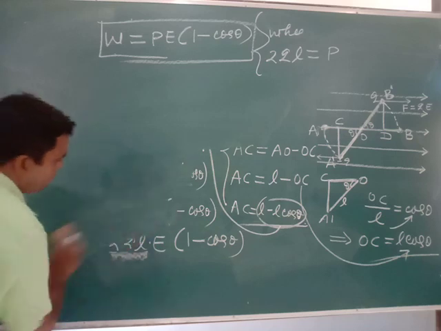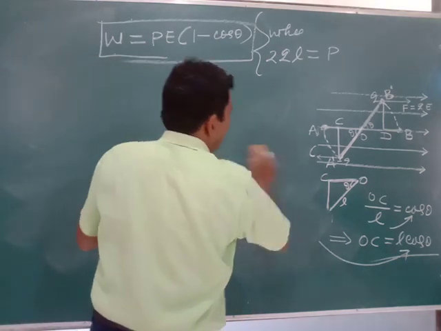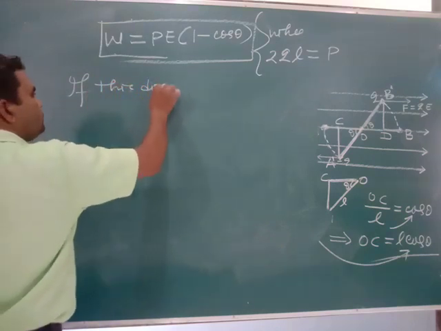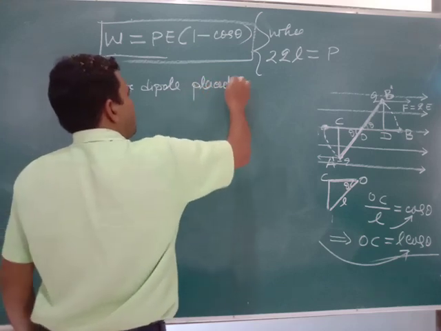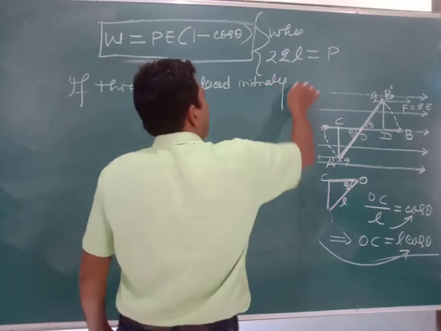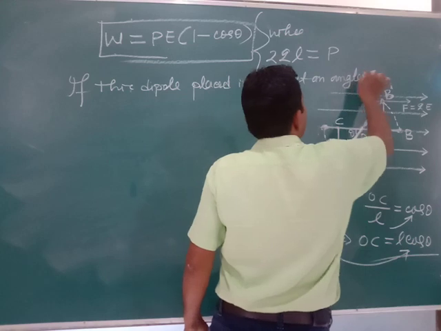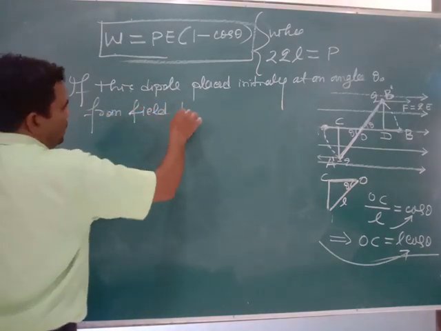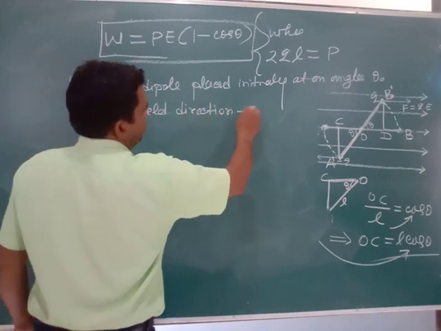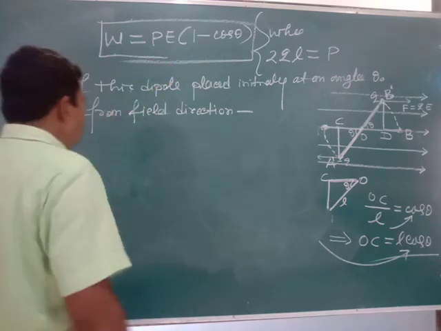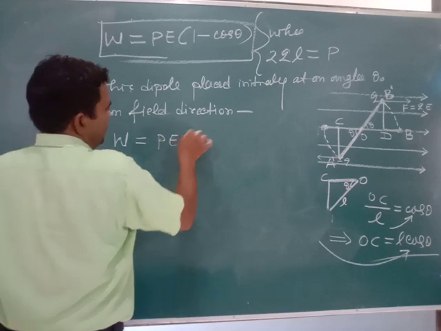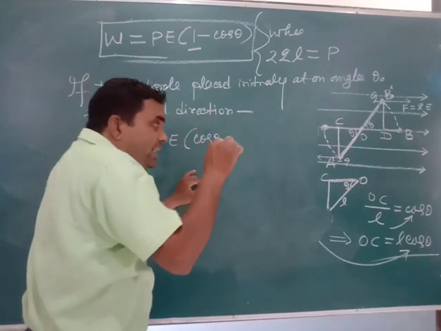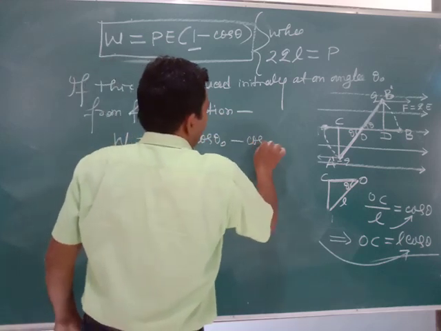If we initially place this electric dipole at an angle theta 0, that is theta naught, from the field direction, then this expression takes the form W is equal to PE in bracket cos theta 0, the initial angle at which the electric dipole was initially placed in the external electric field, minus cos theta.